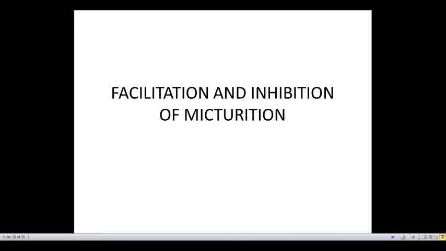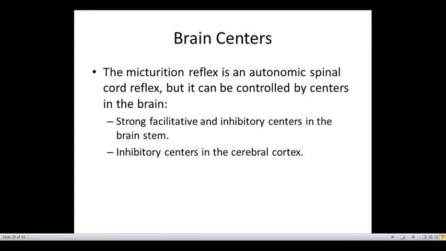Now let me talk about the facilitation and inhibition of micturition by the higher brain centers. Although the micturition reflex is an autonomic spinal cord reflex, it can be controlled by centers in the brain.